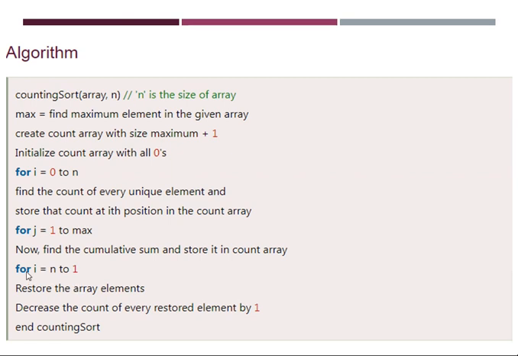Then we loop in reverse order, from the maximum value to the lowest, restore the array elements and decrease the count for every restored element.